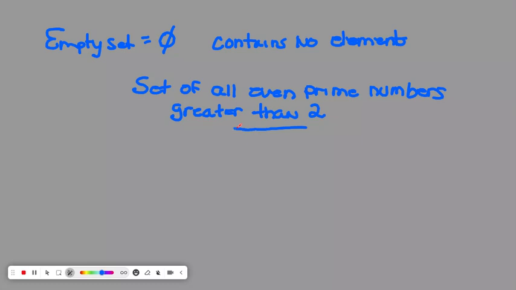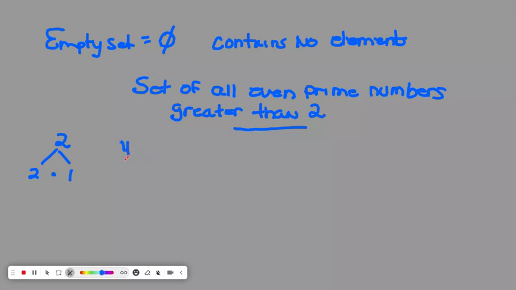Now, if you don't know what a prime number is, let's make sure we know. For example, the number 2 could be broken down to 2 times 1. That's it. There's no other numbers that make 2. And by the way, there are no prime numbers greater than 2 that are even. So this would be an empty set.